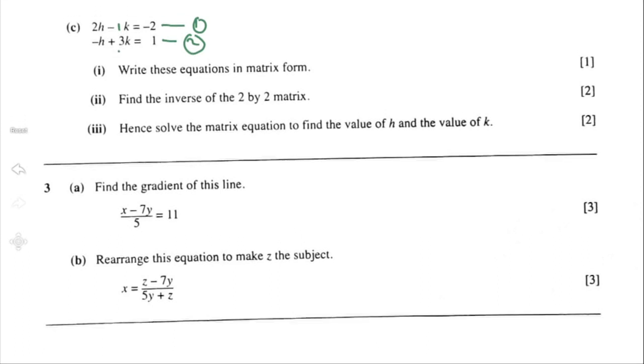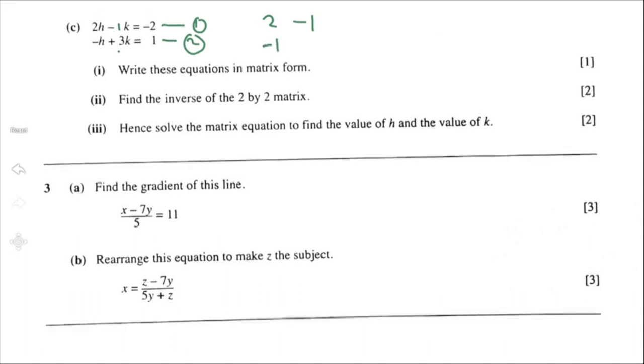Meaning that your coefficient matrix now, you can write it here, starting with the coefficients of the first equation. It's 2 for h, that coefficient is 2. And then you have negative 1, which is the coefficient of k in the first equation. Then looking at the second equation, what's the coefficient of h?